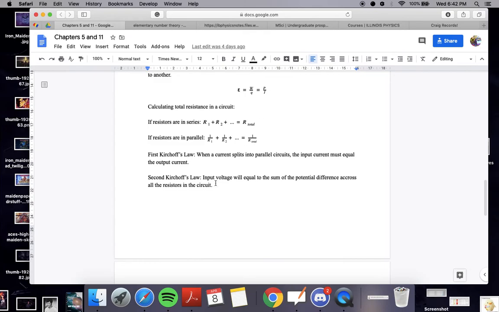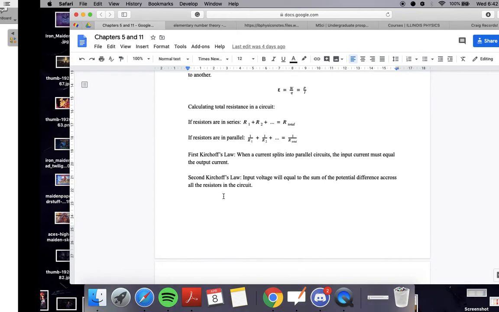Now, Kirchhoff's second law states that the input voltage will equal the sum of the potential difference across all resistors in a circuit.